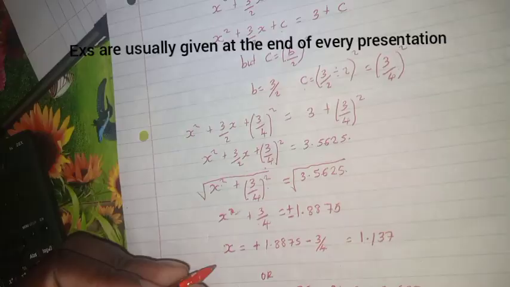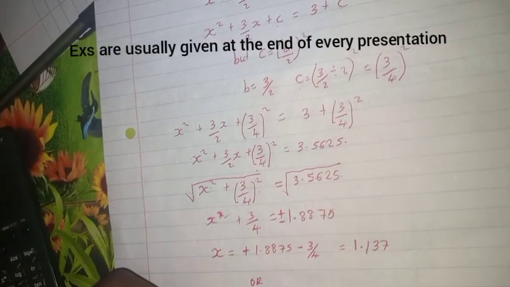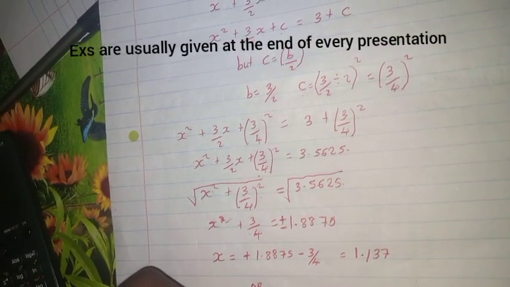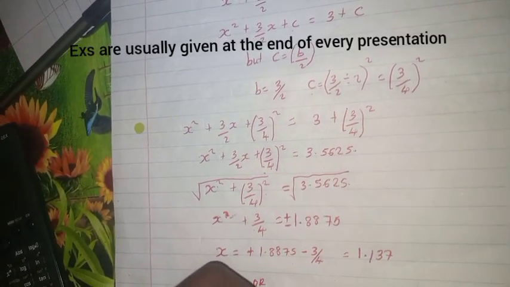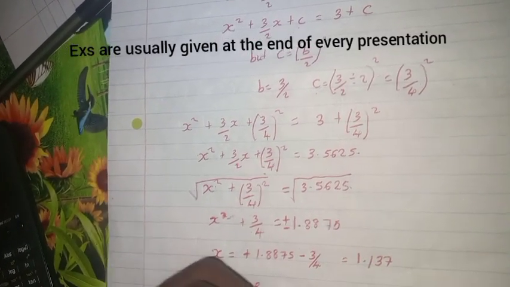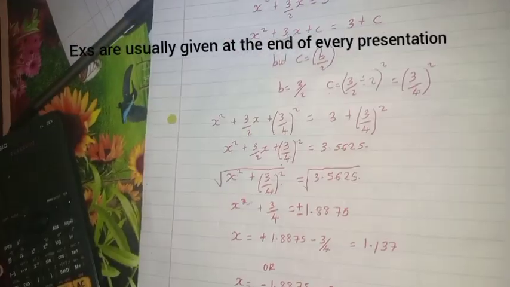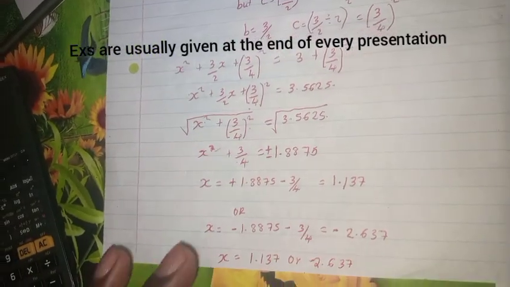Now the values of x are 1.137 or 2.637, and this one is negative. So that is all about the completing the square method.